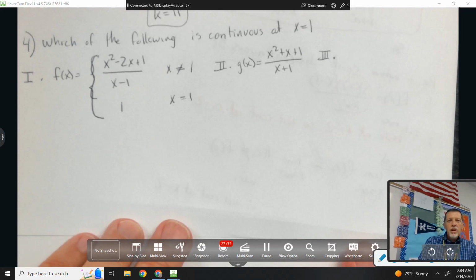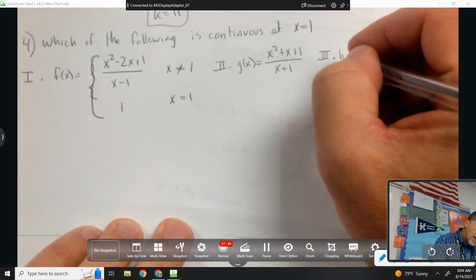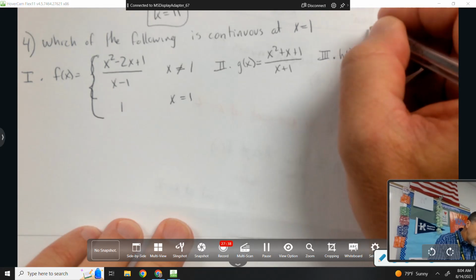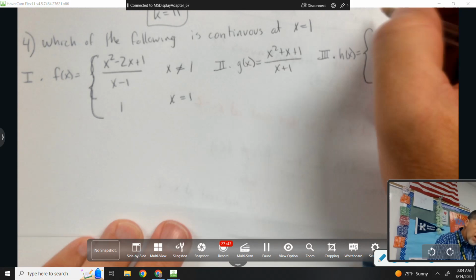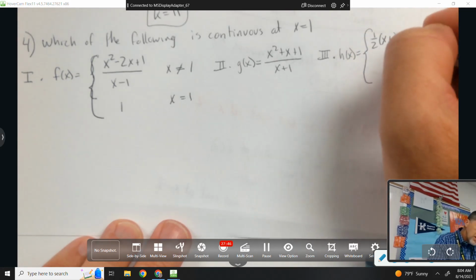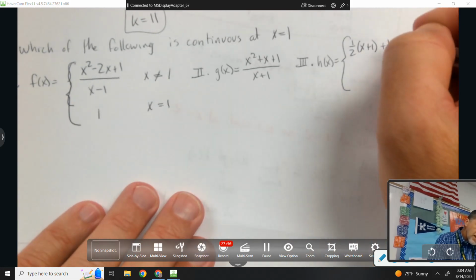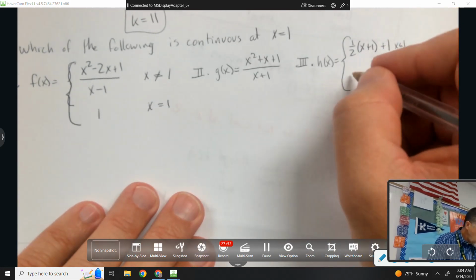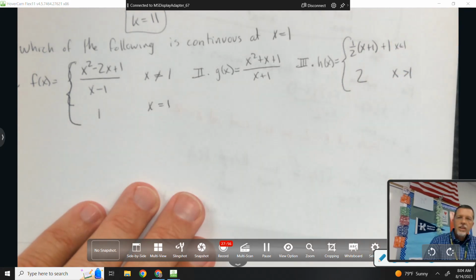Numeral 3, and I'm writing smaller to try to fit it all on there. h of x is another piecewise function: 1/2 x plus 1 when x is less than or equal to 1, and 2 when x is greater than 1.